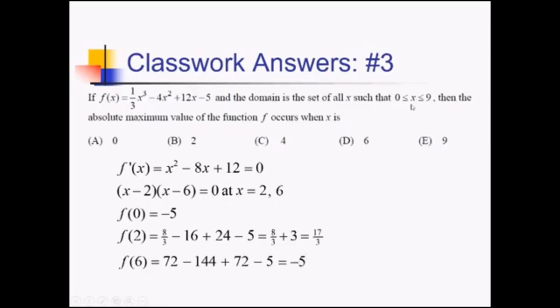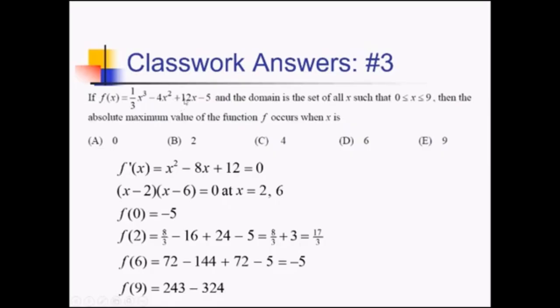All right, now we have 9. That's going to be also fun to multiply. We have 1/3 of the first of these three 9s, which is going to be 3. So we have 3 times 9 times 9. That's 3 times 81, which is 243. Next, we have 4 times 81, which is 324.